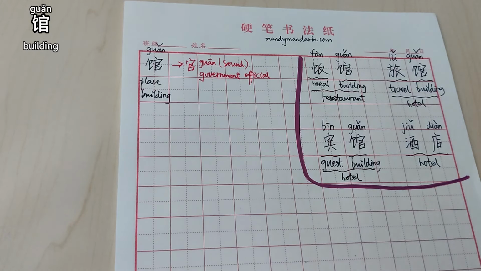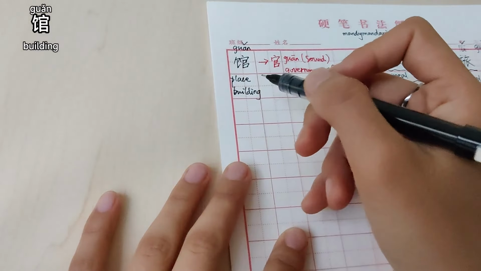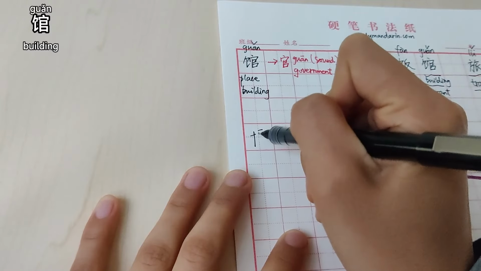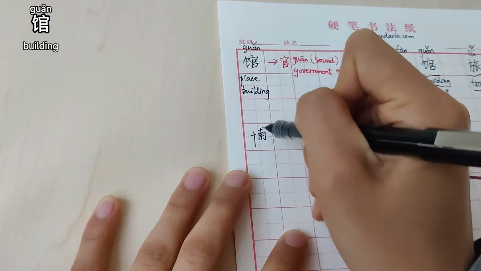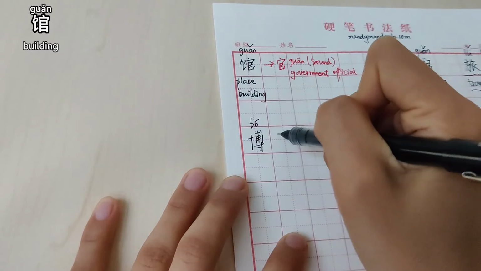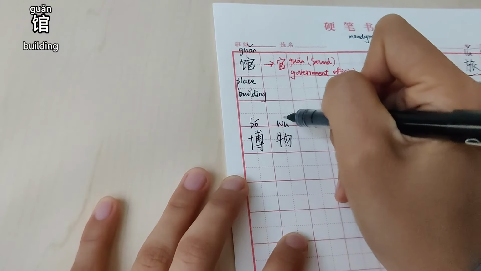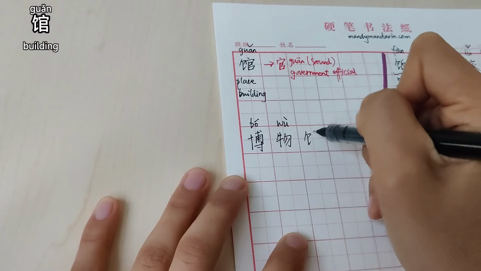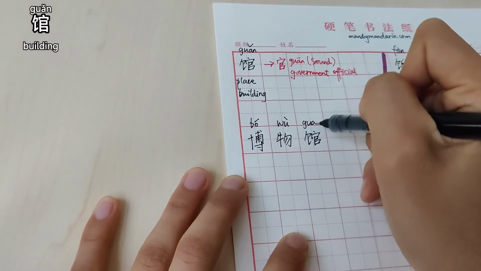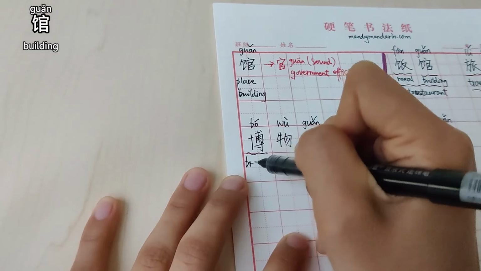Okay, and now let me give you some other examples for 馆. The first one is 博物馆. Bo could mean broad.